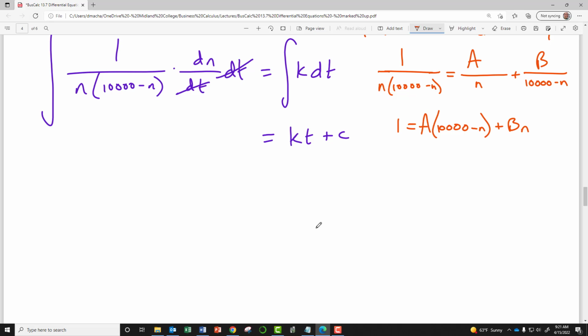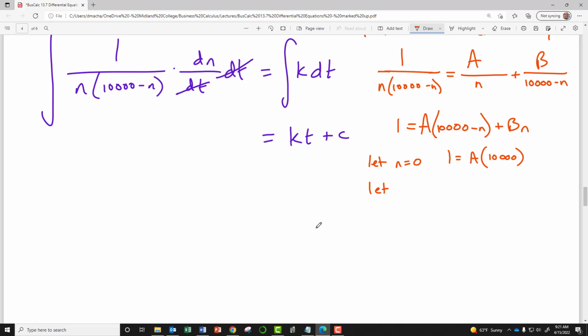And this equation has to be true for any value of n, right? Anything like n equals 5,000, n is equal to 1, n is equal to 2. Even if n is equal to 0, this has to work. And so if I let n equal 0, my equation becomes 1 is equal to a times 10,000.